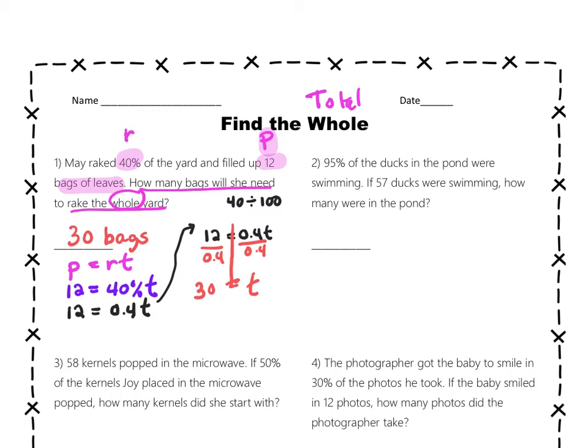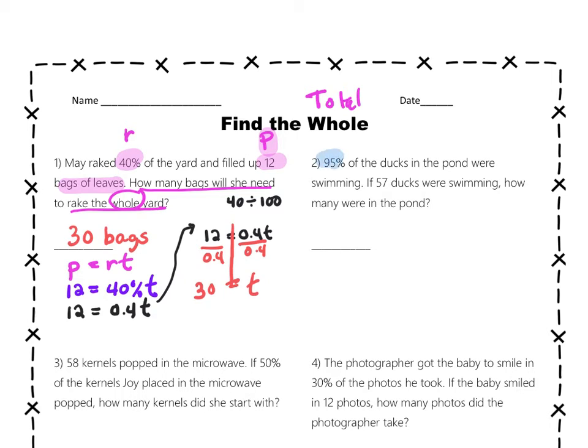All right, let's try one more together. Let's read along for number 2, and then I'm going to ask you to try the next 4 on your own. This says 95% of the ducks in the pond were swimming. If 57 ducks were swimming, how many were in the pond? Let's highlight this information.